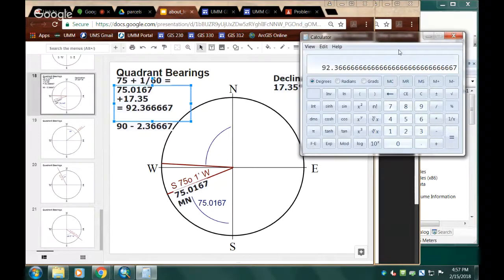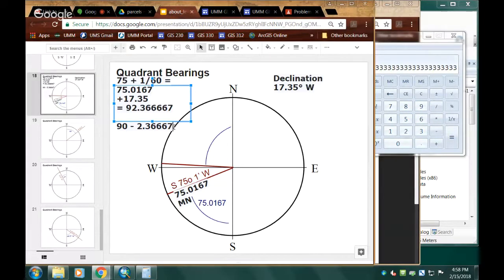So I'll turn that into a negative, and I'll add 90, and it's 87.63 repeating.